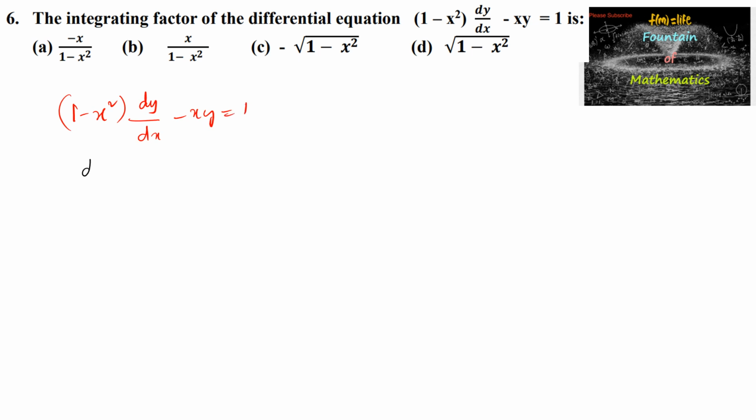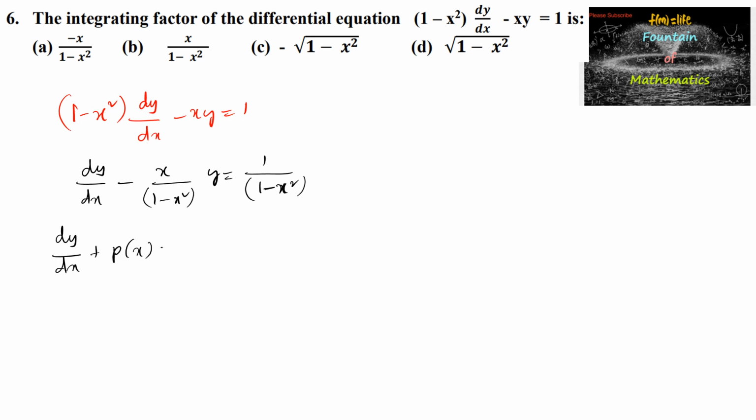We can write it as dy/dx - x/(1 - x²) y = 1/(1 - x²), just by dividing by (1 - x²). This is in the form dy/dx + p(x) y = q(x). So here p(x) is equal to -x/(1 - x²).